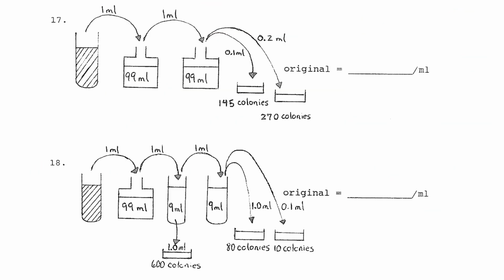Again, similar thing here. Actually for 17, the answer is supposed to be, I guess there was some confusion as to whether you need to average these two numbers here.